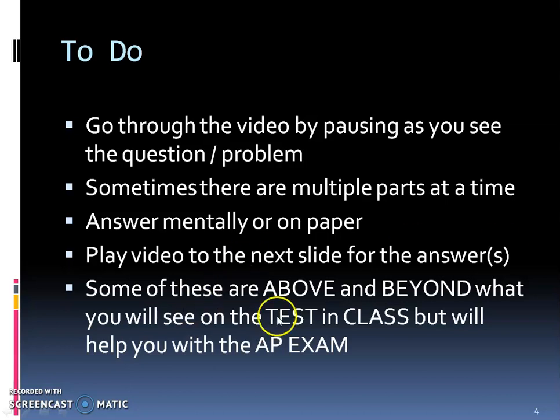I want to also tell you that some of these questions, maybe not in this chapter because this is our first chapter, but when we go to chapters 1, 2, 3, and beyond, these questions are going to be above and beyond what you're going to see on the test in class, but they will help you on the AP exam because I'm going to try to include FRQs in these reviews, and those types of FRQs for the AP exam are cumulative.